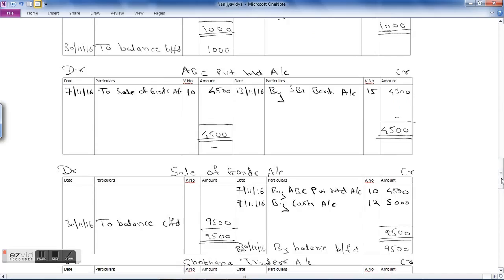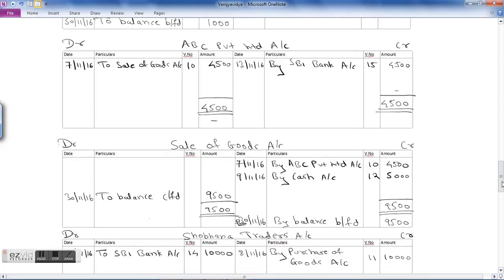See, if you see the ABC Private Limited account, there is no balance carried forward and brought forward, so we need not put this in the trial balance. Okay, next, sale of goods account.